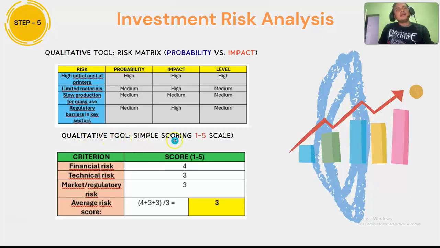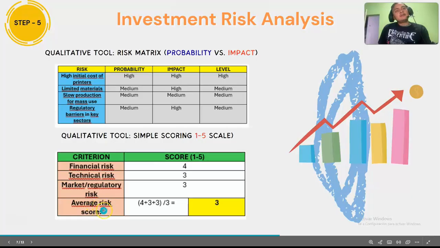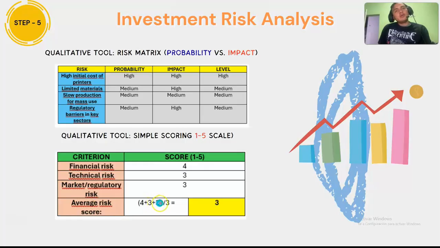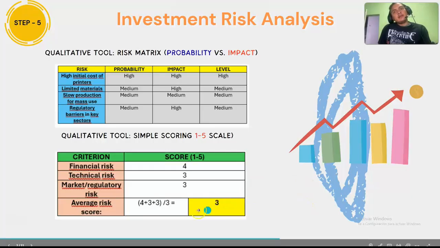In the qualitative tool sample scoring, 1 to 5 scale: financial risk scores 4, technical risk 3, market regulatory risk 3. Average risk score: 4 plus 3 plus 3, divided by 3, and the final result is 3.